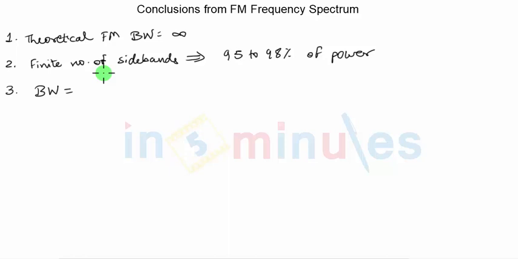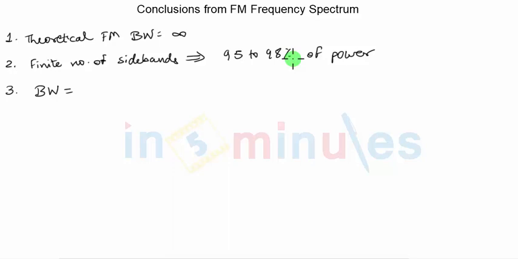Based on that, I can find out how many sidebands I require so as to transmit 95 to 98% of power. In the previous video clip, we have seen that each sideband will contribute fm to the bandwidth of FM. So if I come up with some number, say 10 sidebands are required in a specific case, then the bandwidth will be 10 fm.